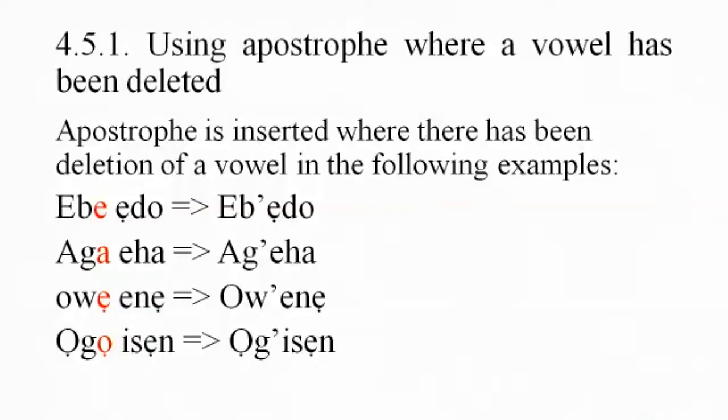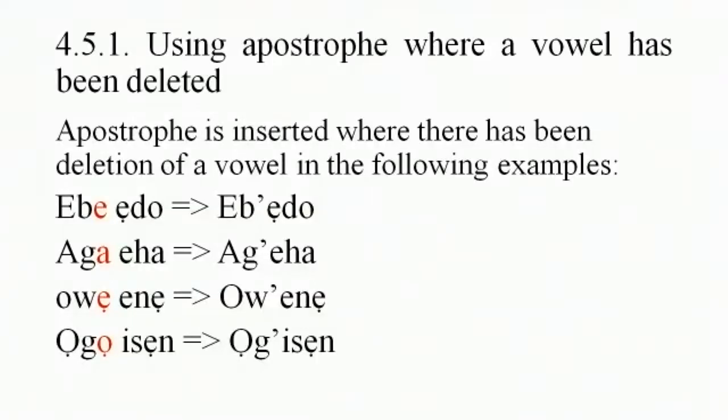You see, after the B, we have the apostrophe to indicate that there was a sound there that was elided. That is why you now have the running speech, a big Edo becoming a bedroom.